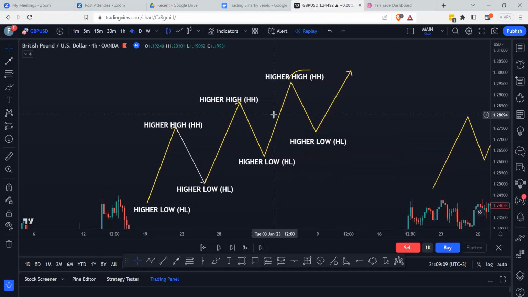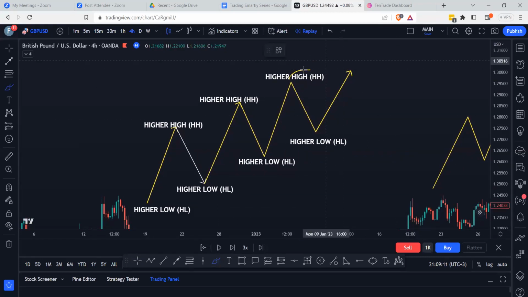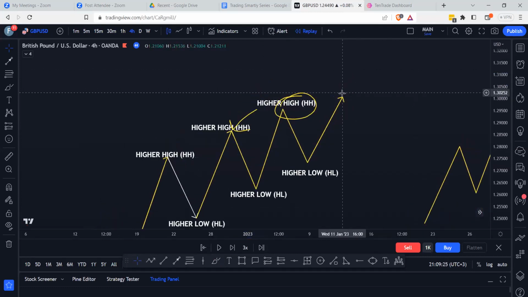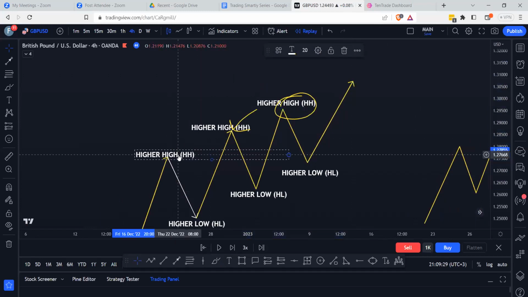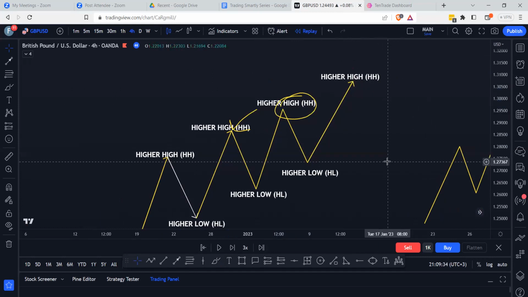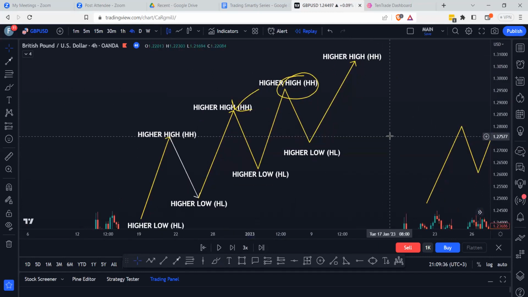Now, this particular higher high is higher than this previous high. So this is a higher high. If price forms a new high now, like this, this is now your new higher high. So when price is forming new higher highs, that is a signal that the trend is still an uptrend.